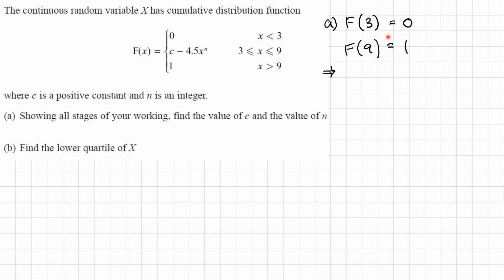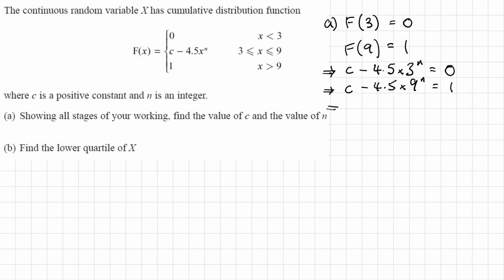F(3) is equal to 0. So we substitute 3 into here and make it equal to 0. So c minus 4.5 times 3 to the power n is equal to 0. And the other equation we're going to solve using F(9) is equal to 1. So c minus 4.5 times 9 to the power n is equal to 1.